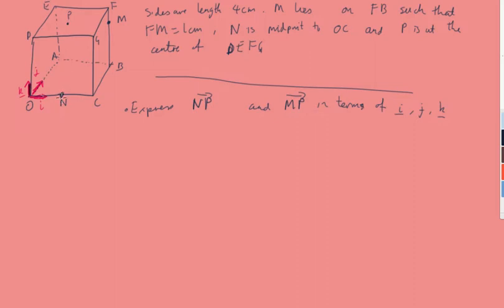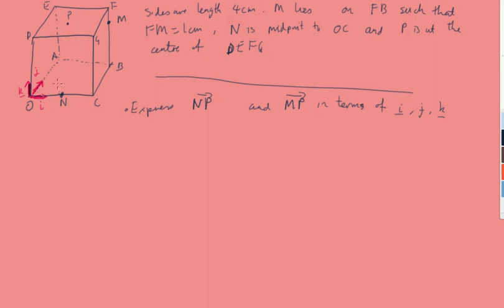Now, we know that the cube is 4 centimetres squared. All the lines are 4 centimetres. NP is parallel to this Y direction.